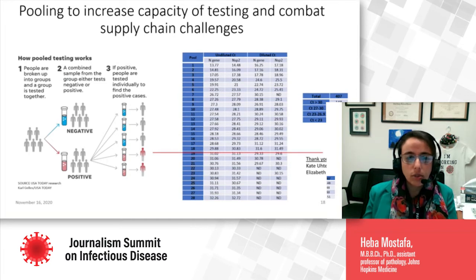We noticed that at a certain level of virus concentration in the specimens, we started to lose assay sensitivity by pooling, which is what the red line here is showing. So we excluded this as an approach for diagnosis in the lab for now, especially since we don't really have to right now, because we have the flexibility of running those individually, and because most of our positives lie in this range of lower viral load.